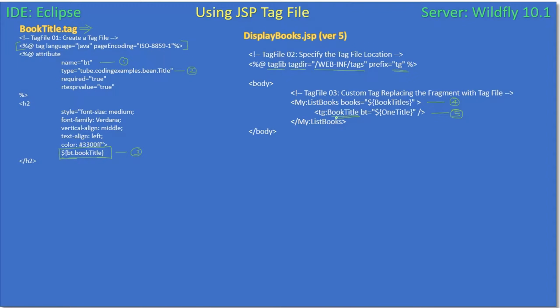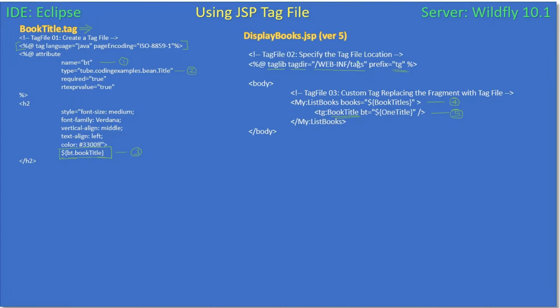So whatever you specify here is the tag name. This tag name will be searched, since we specify tg, which specifies the tag directory, and this book title will be searched in this tags directory. So definitely there will be one match, because here we have a book title.tag.